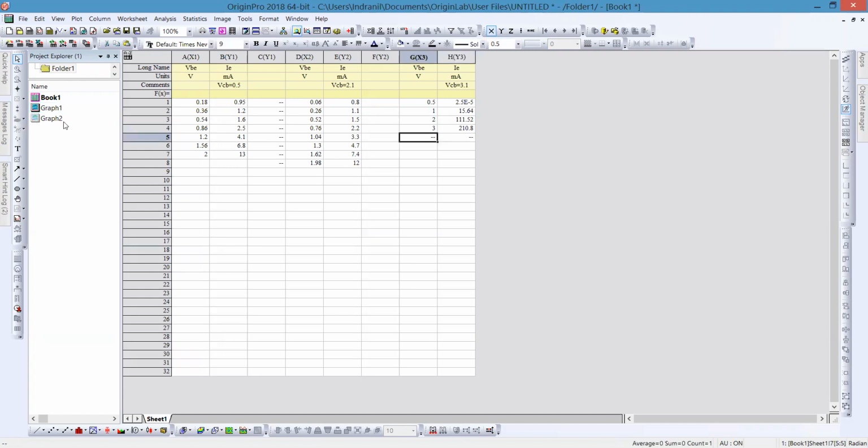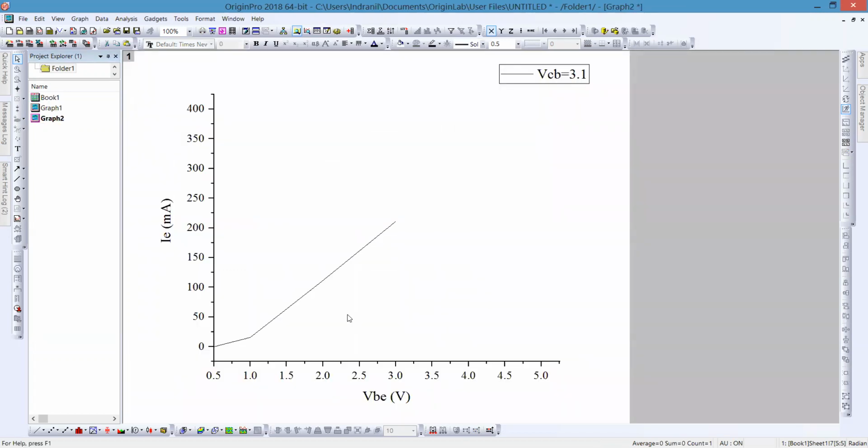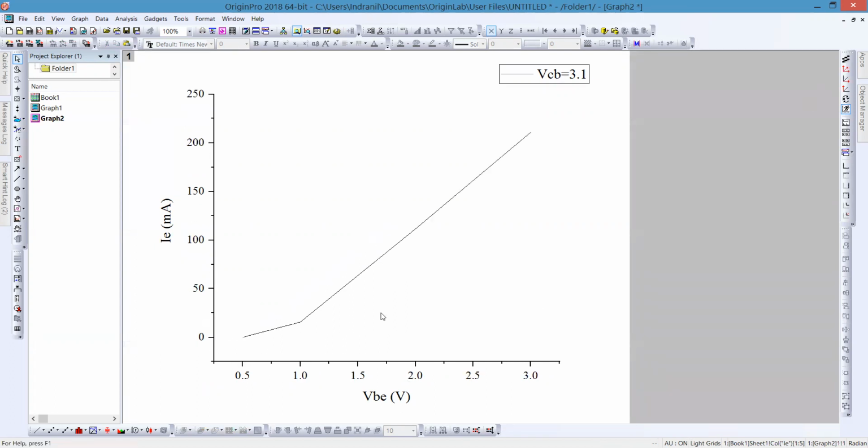Let's see our graph. This means we are having less data for lower voltages, but still you can see it is exponential in nature.